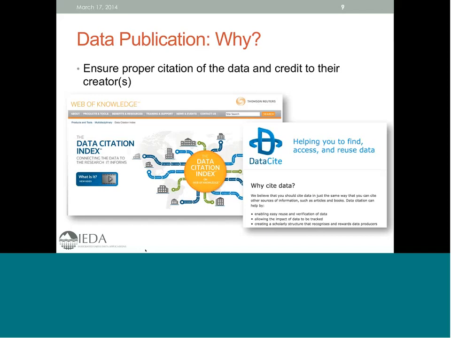And a number of efforts have focused on this. The most prominent being DataCite, an international organization that promotes the idea of data citation and provides guidelines and infrastructure for it.